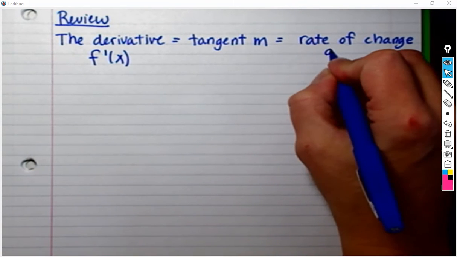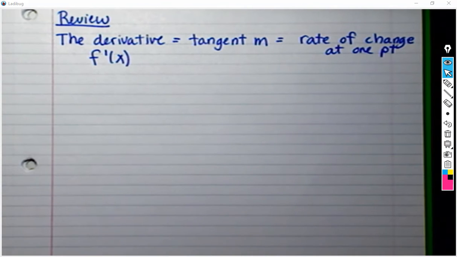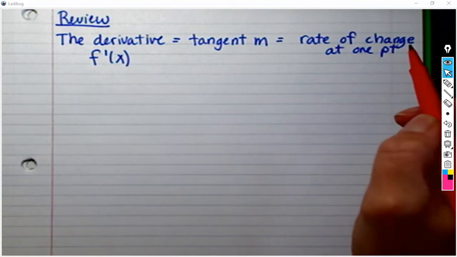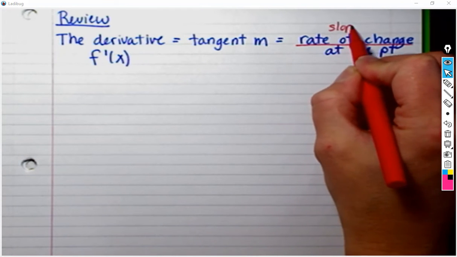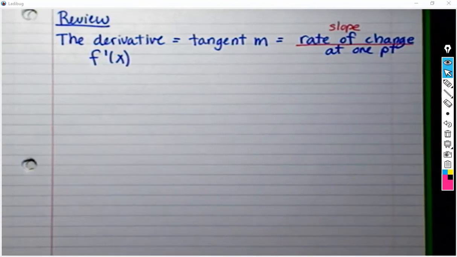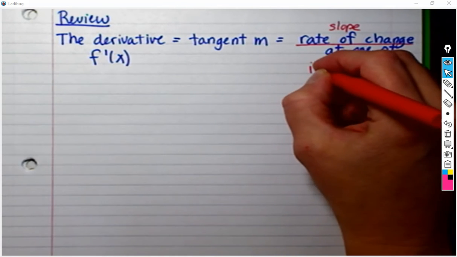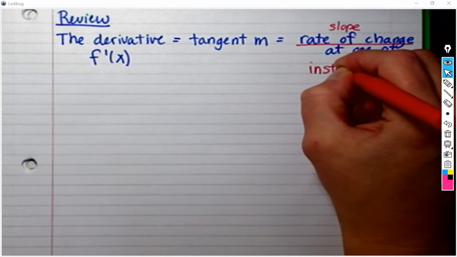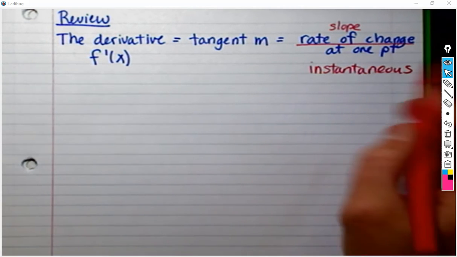Rate of change at 1 point, okay? So when you do rate of change is slope, okay? When you do slope at 1 point, that's tangent slope, which is slope at 1 point. Now, another word, instantaneous, okay?